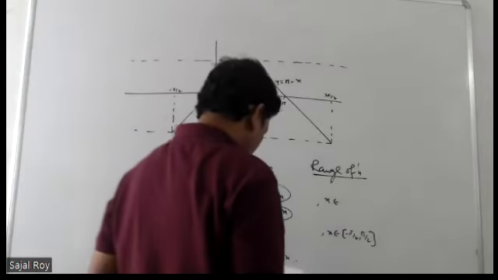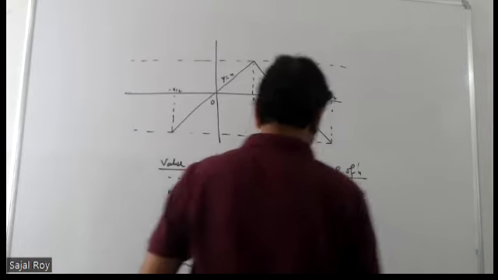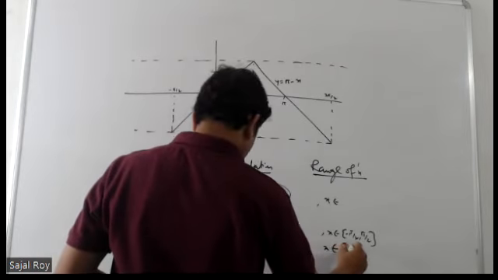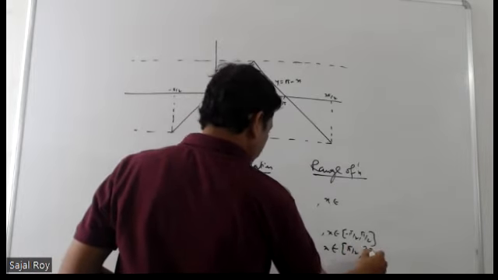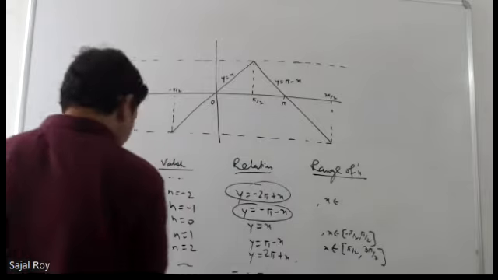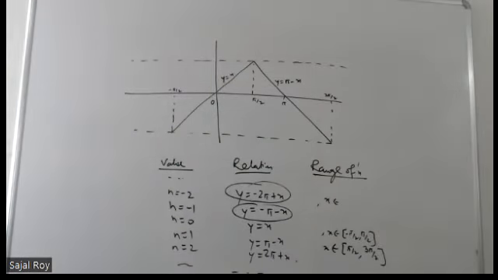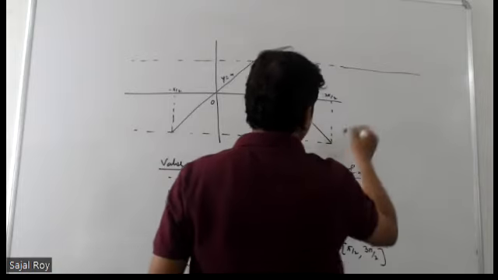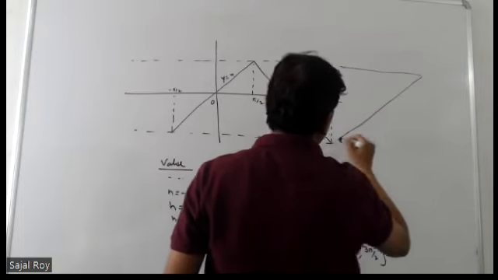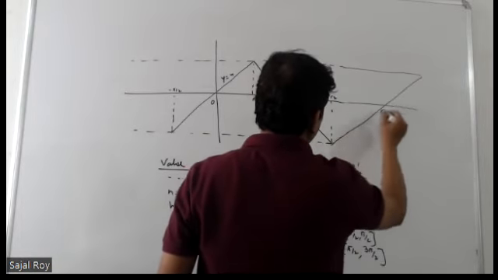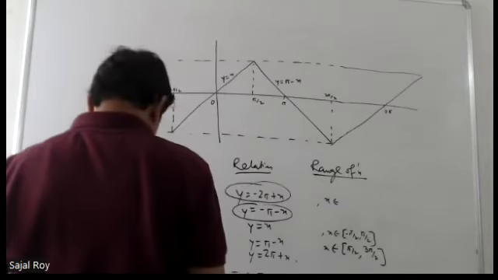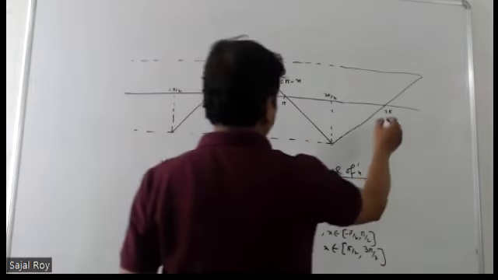Okay, so let me fill up this portion. x belongs to π/2 to 3π/2. Now, let me complete this part. This is your 2π, so this is your x minus 2π. Look at that.